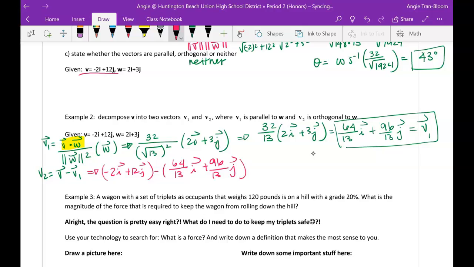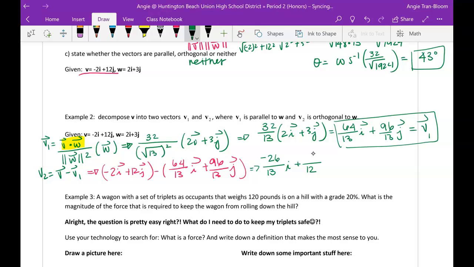I'm going to convert everything into a common denominator of 13. So if this is 13 on the bottom, on the top, 13 times negative 2 is now negative 26. And then plus 13 here as well. When I multiply that by 13, hopefully I will come up with a nice number.